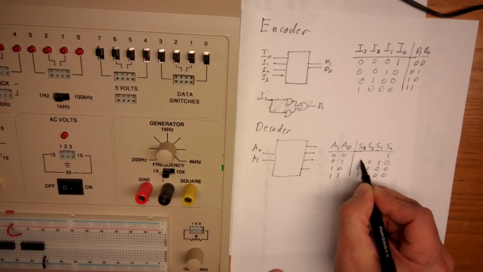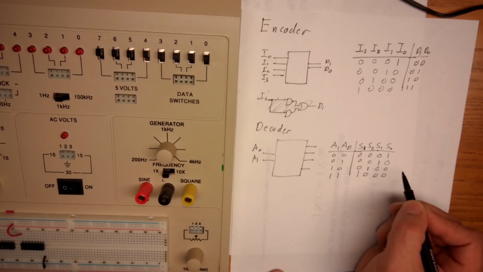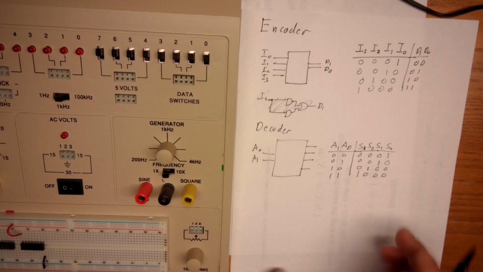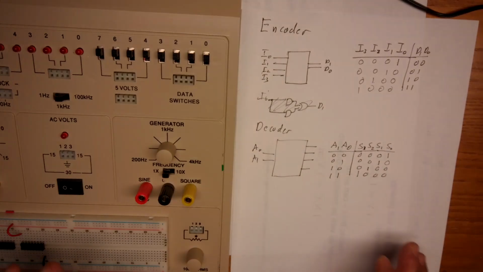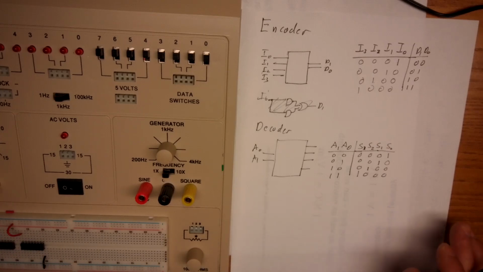So encoders and decoders are just about looking for a specific value that got set, or that I want to set, and then taking that binary number and representing it, or using the binary to set it. We might use this in an application, for example, where we're trying to set which of the inputs for, say, a computer we want to be polling at the time and seeing if it has new information.